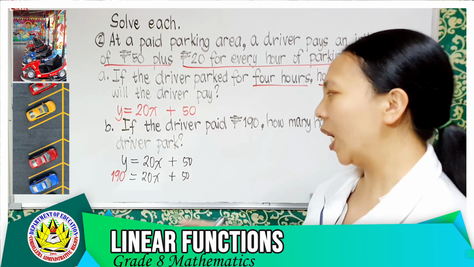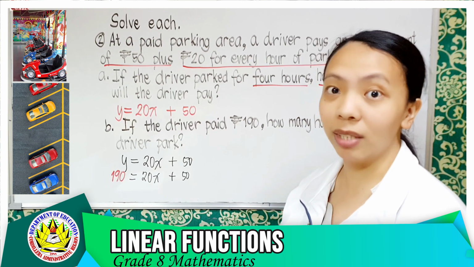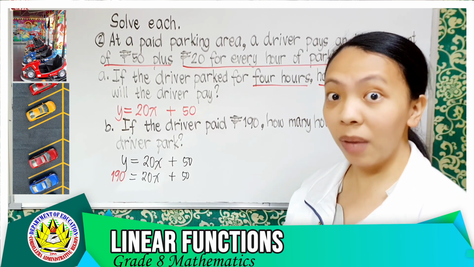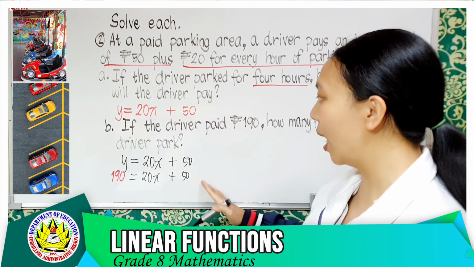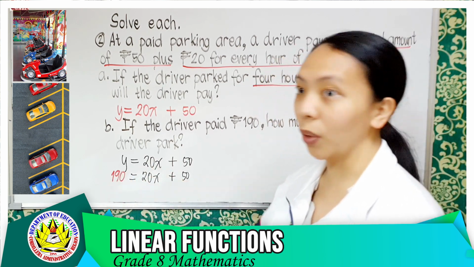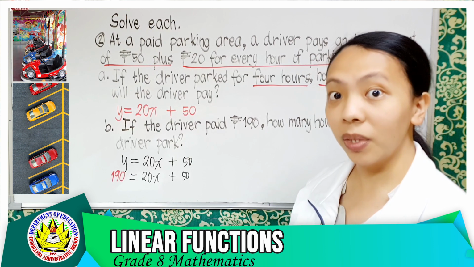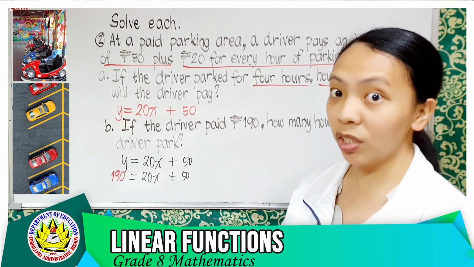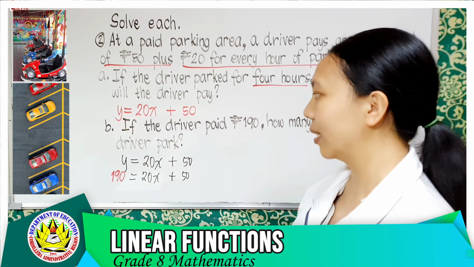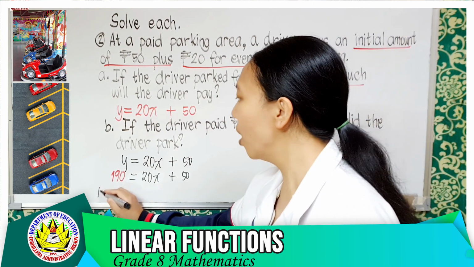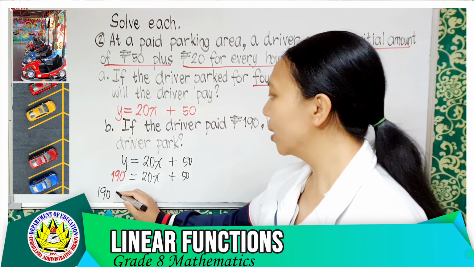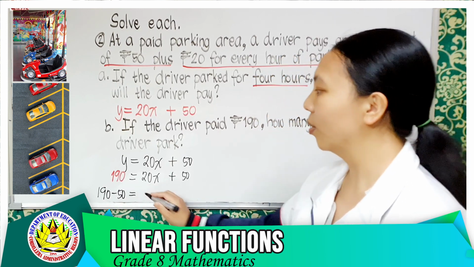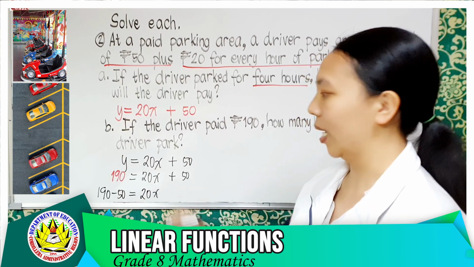So, we again need to isolate the term with the variable x. We make use of the long method, the APE, by subtracting 50 from both sides of the equation, or simply make use of transposition. Let's do that. We have 190 minus 50 is equal to 20x.